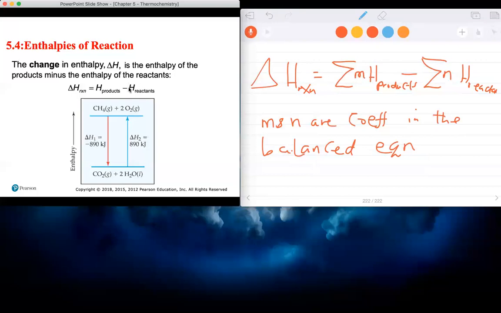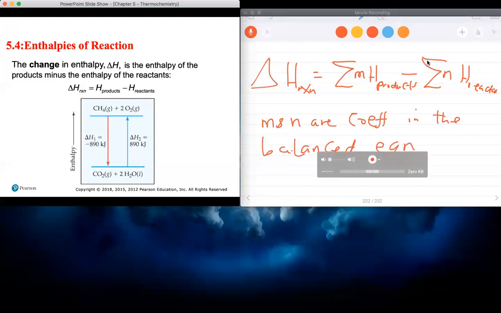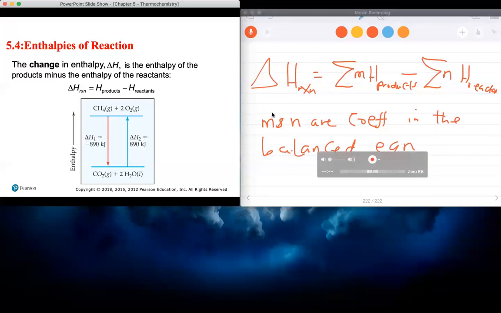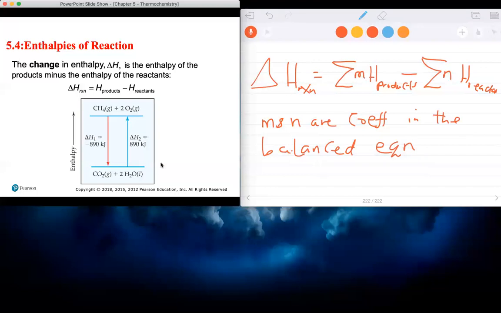So we will have to find the summation, and that's why I have this symbol. For product, I'll have to look at the enthalpy of formation of H2O times 2, because we have 2 H2O. And then carbon dioxide, I've got to look for carbon dioxide.